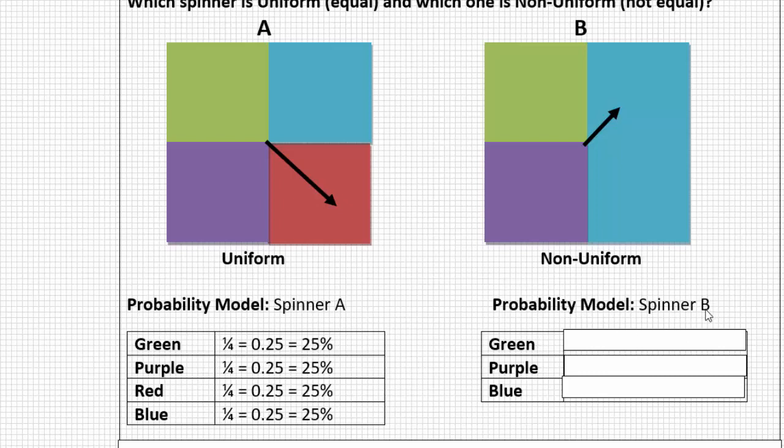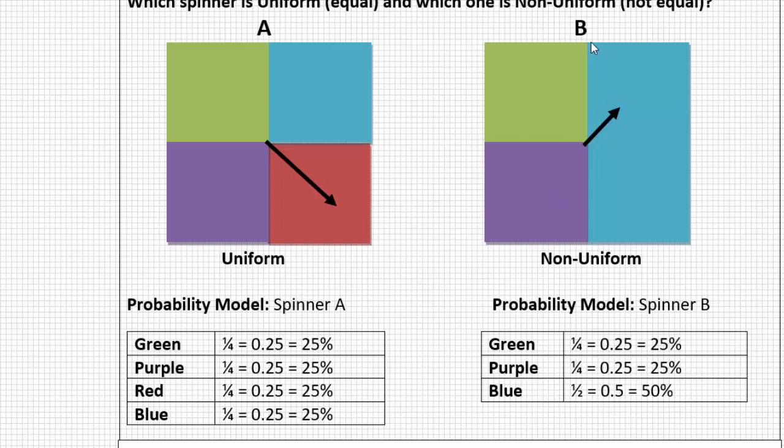Now let's take a look at spinner B. Green, if I split this up into fourths, would take up 1/4, which is still 0.25, or 25%. That would be the same for purple. I used that same probability for purple, because again it takes up a fourth. But for blue, what are we going to put there? What did you put there?